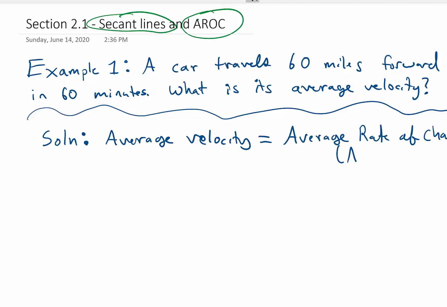We often abbreviate that AROC, and whenever you see average rate of change, it really stands for a change in something. Here it'll be the change in position or distance divided by the change in time.